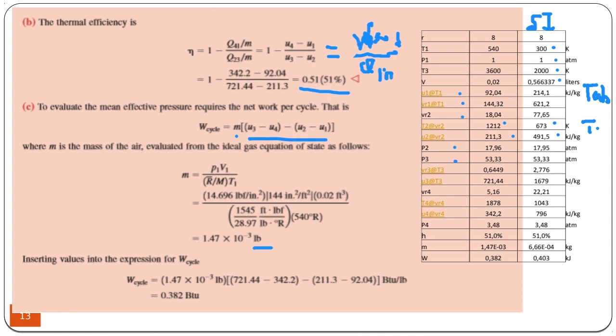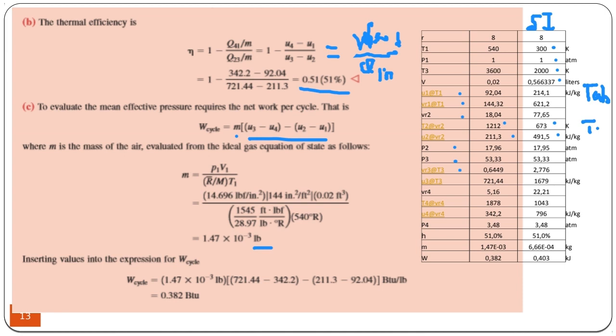Then, by using the ratio of the relative volumes being equal to the ratio of the actual volumes, you can calculate V3, VR3, and T3.